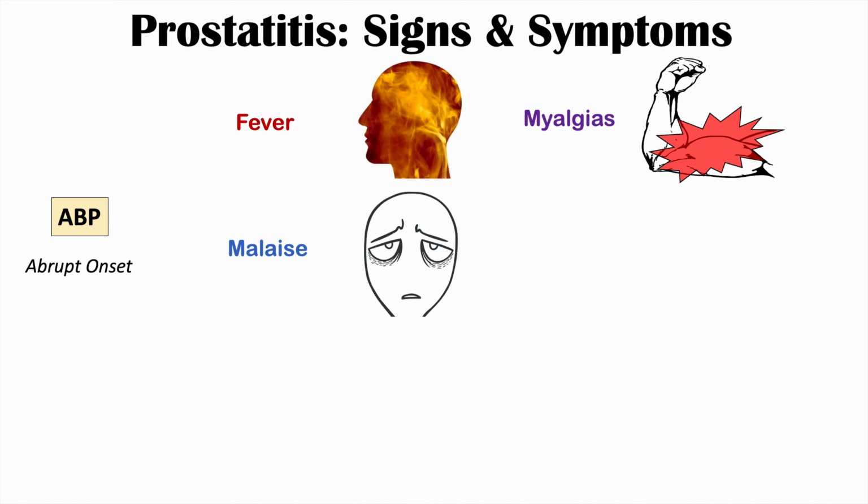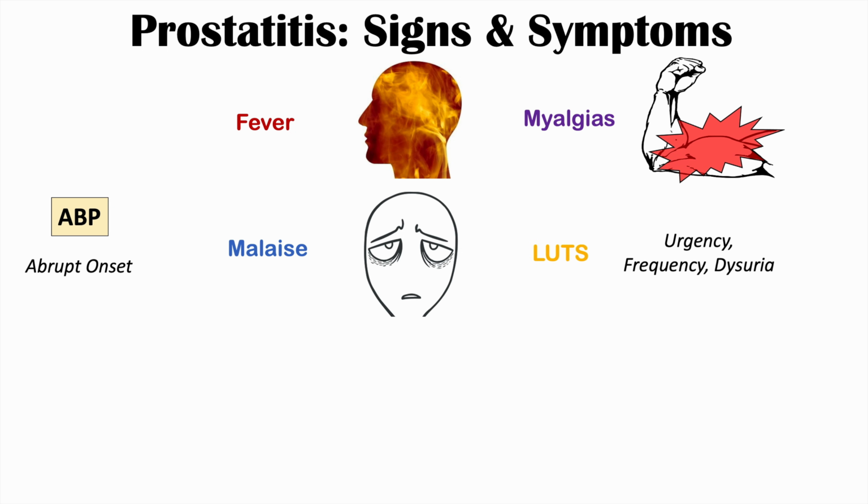And because type 1 prostatitis or acute bacterial prostatitis is caused by an ascending urinary tract infection, they are going to have what we call LUTS or lower urinary tract symptoms. These are symptoms of a urinary tract infection. So the signs and symptoms that we're going to see include the following: urgency, frequency, and dysuria. Urgency is the sensation of urgently needing to go to the washroom.